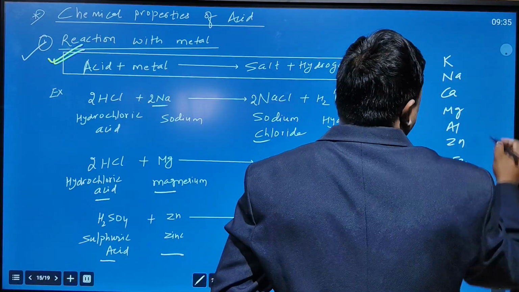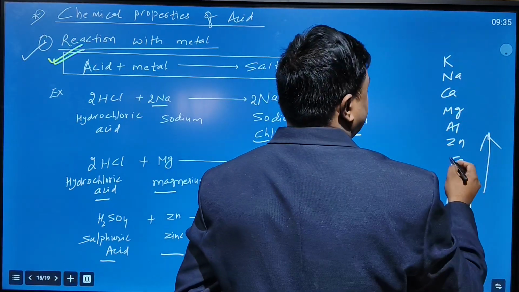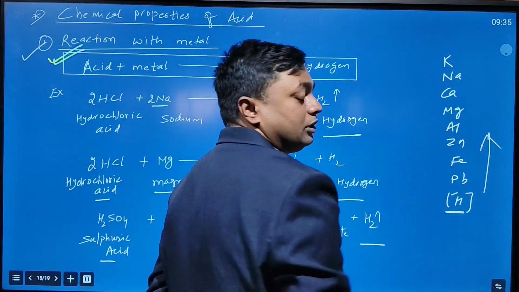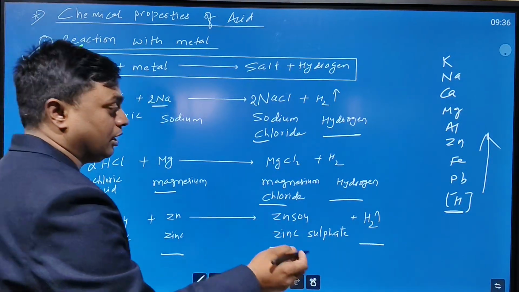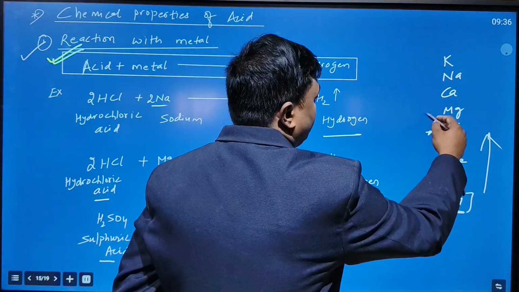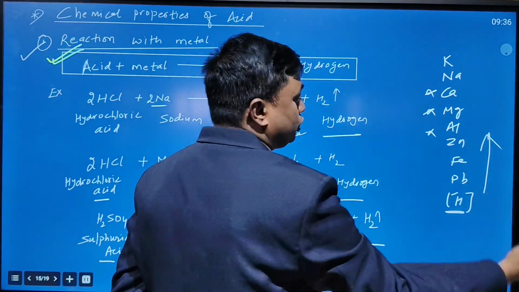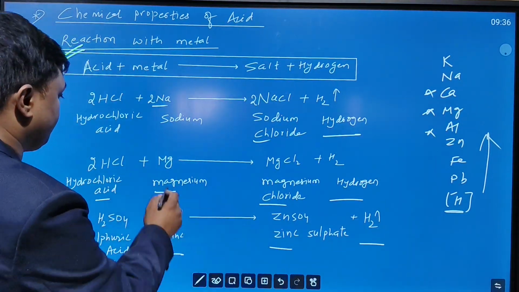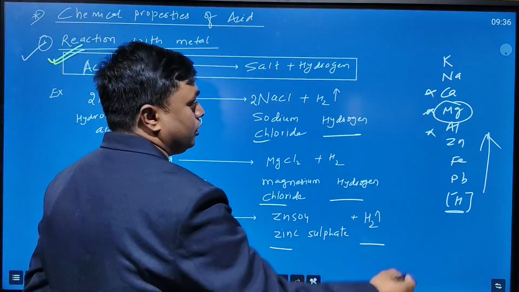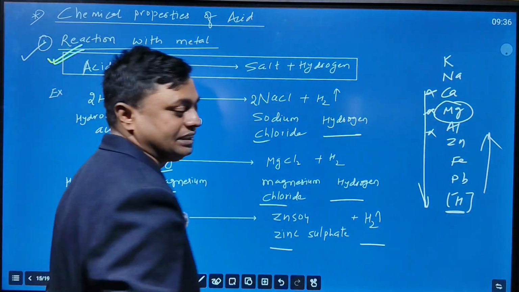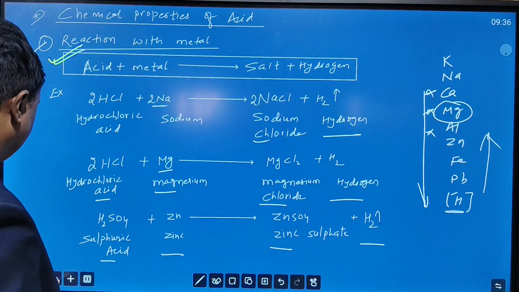All those which are up in the reactivity series are more reactive than hydrogen, so such metals only will displace hydrogen from acids. Like aluminium, magnesium, calcium will displace the hydrogen from the acids. You can see magnesium is more reactive than hydrogen. So from top to bottom, reactivity decreases.